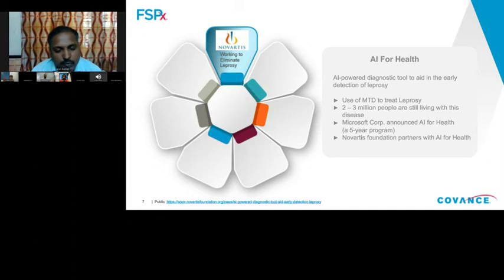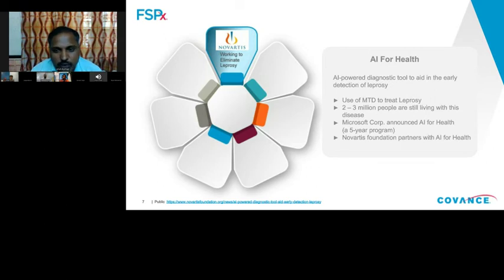So by this, anyone who has an abnormal skin lesion can take a photo and get it diagnosed at an early stage so that they don't need to suffer all the disease-related outcomes. That is what artificial intelligence is helping the Novartis Foundation with.